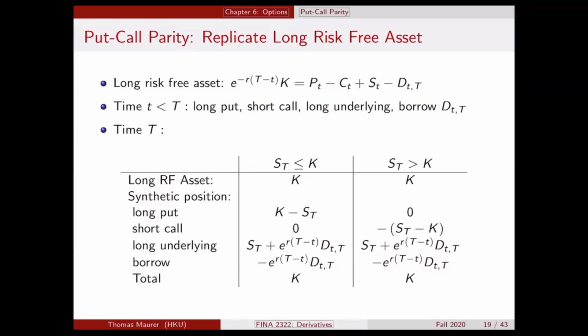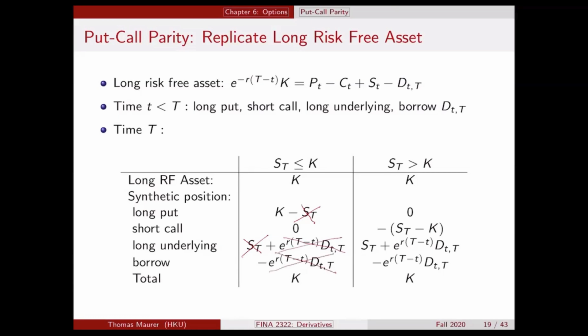or more than K. So if we add up the payoffs of long put, short call, long underlying, and borrowing the present value of dividends, then we see that minus ST cancels out with plus ST over here. And this future value of the dividends cancels out with the money which you have to pay back plus interest.